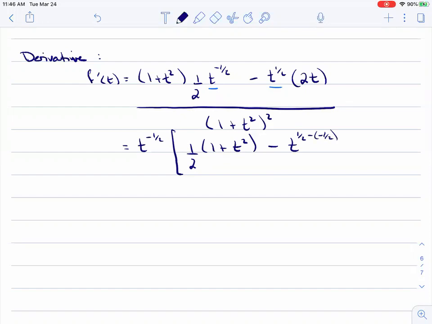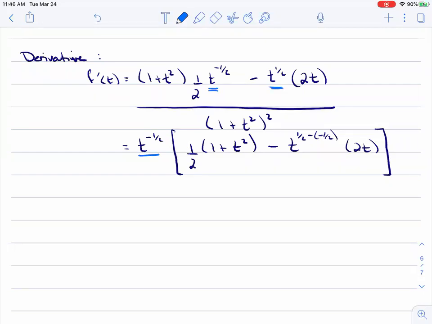So factoring out that negative 1/2, times 2t. Just emphasizing that this is where it came from.